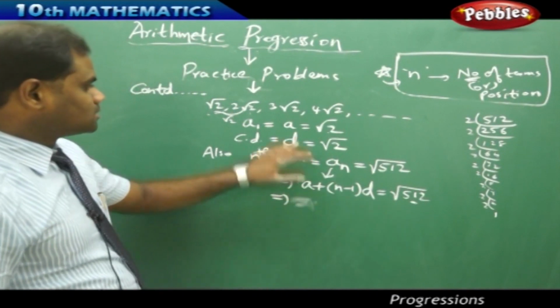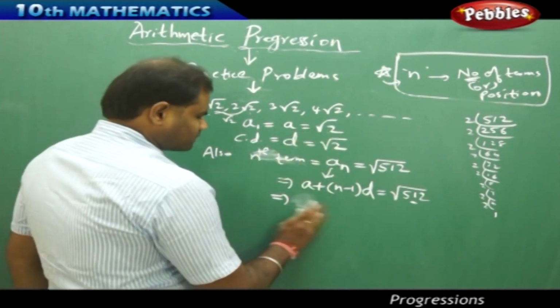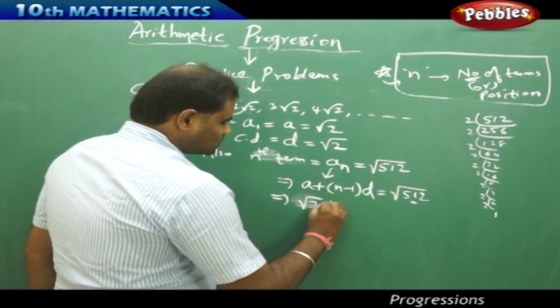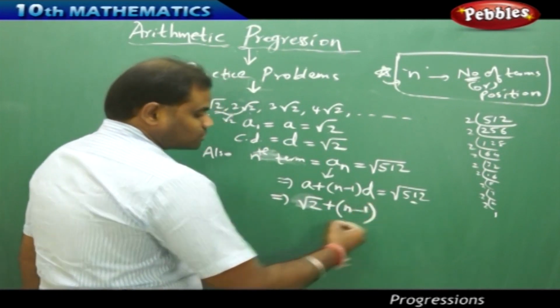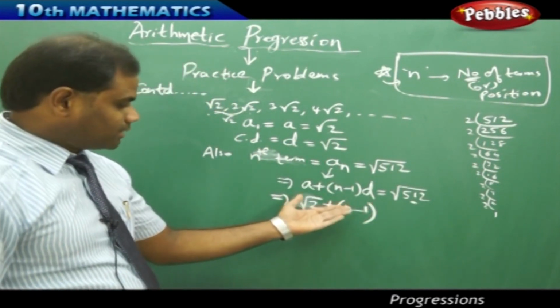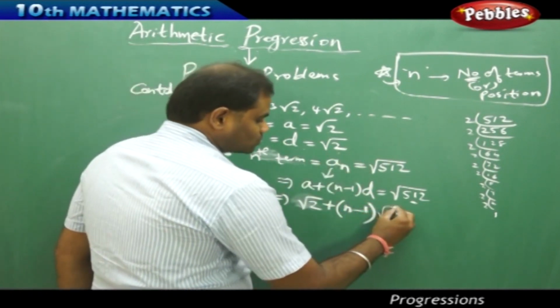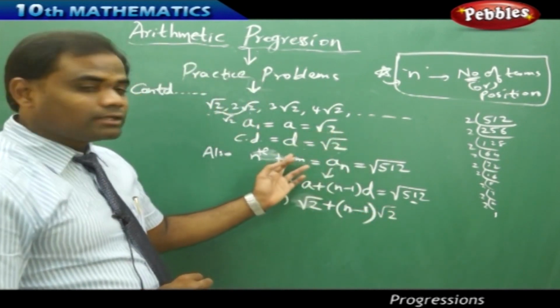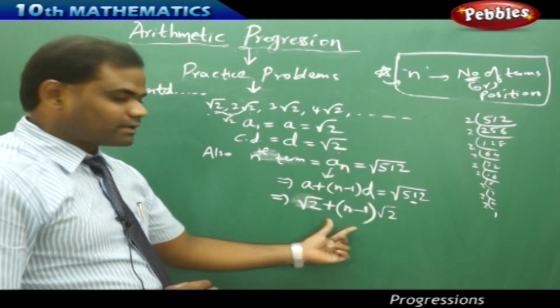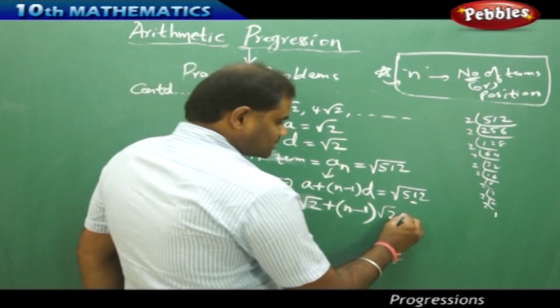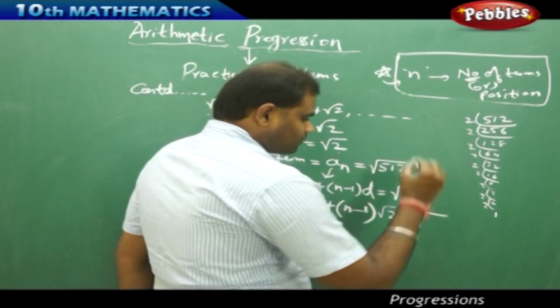My a is root 2, which I'm going to substitute here. So a is root 2 plus n, which I need to find because it is the position, so I fix that as n, times d, which is again root 2. Therefore, a equal to root 2 and d equal to root 2 are substituted on the left hand side, and that is equal to root of 512.